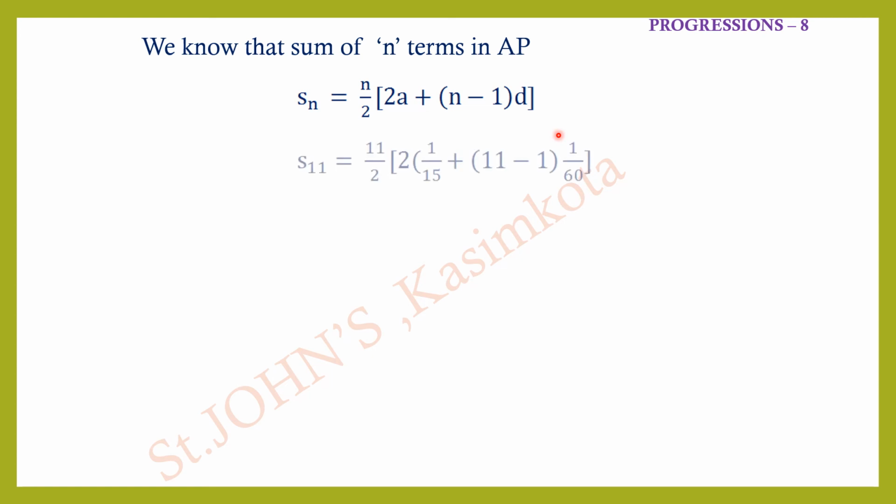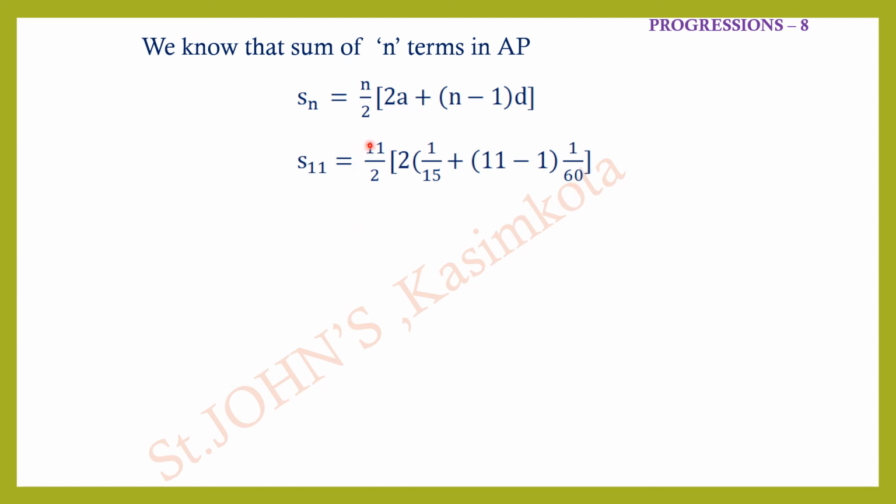Sn means S11 is equal to n by 2, that is 11 by 2, because n equals 11. 2a: 2 into what is the value of a? 1 by 15, plus n minus 1, that is 11 minus 1, into d, which is 1 by 60. Now simplification.